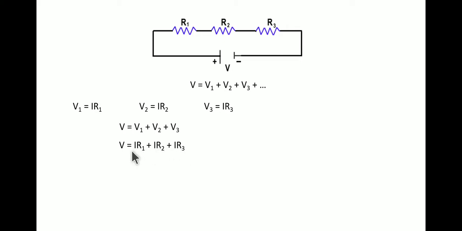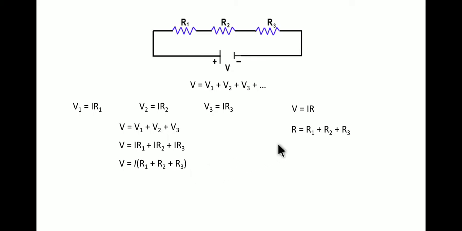So we can write V is equal to I times the bracket R1 plus R2 plus R3. Again, from Ohm's law, since V is equal to IR, in place of V if we write IR, then IR will be equal to I times R1 plus R2 plus R3. Thus, R will be equal to R1 plus R2 plus R3.